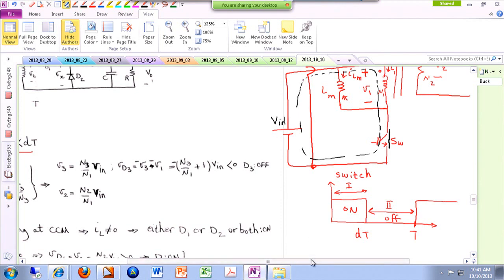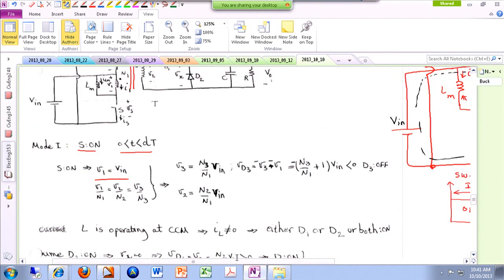So V1 and Vn are the same. Now, for a transformer with 3 windings, V1 over N1 is the same as V2 over N2, which is the same as V3 over N3. So we know this general equation. Therefore, we can find V2 and we can also find V3.